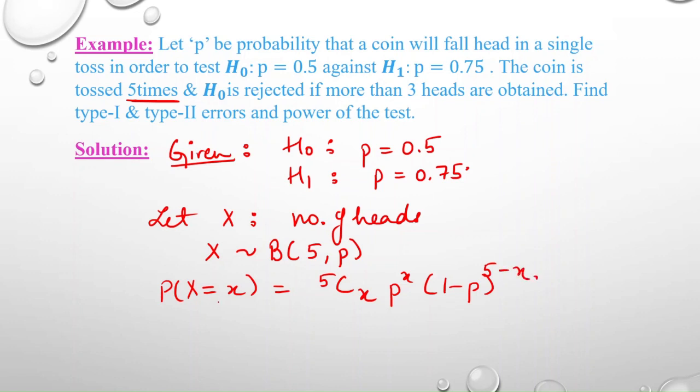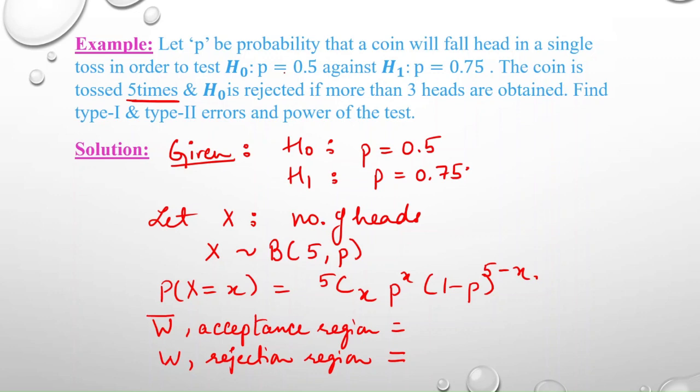So let us first define our critical region and the acceptance region. W complement is our acceptance region, and W is our rejection or the critical region.